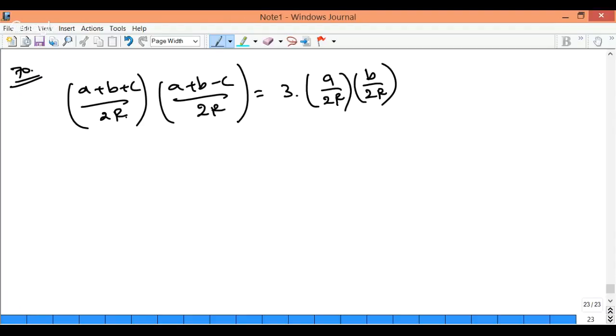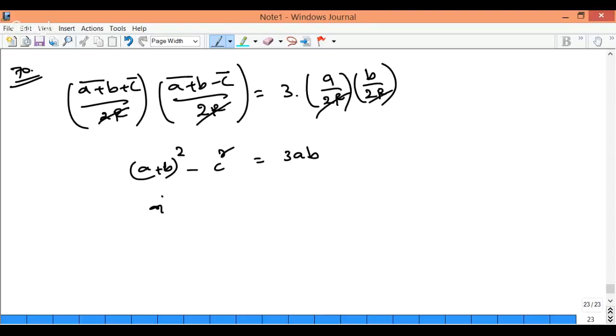Now see here, denominators are all equal, they'll get cancelled. When you multiply x plus y into x minus y, it is x square minus y square, which is equal to 3ab.